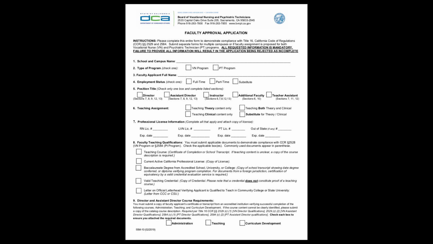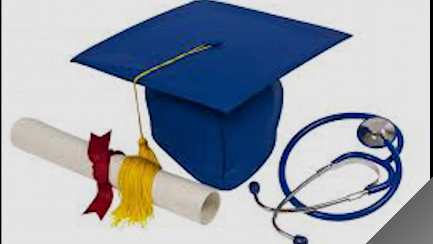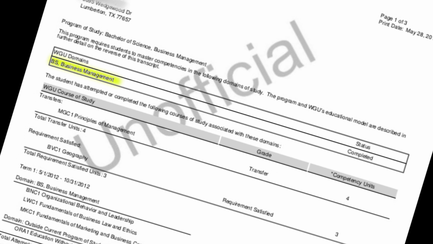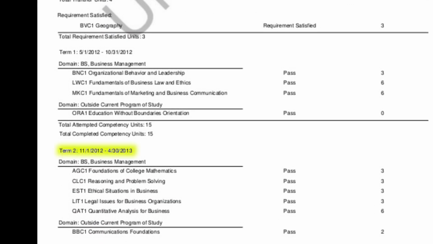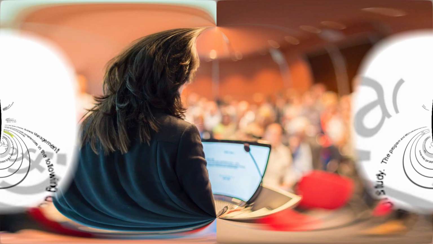Let's talk about what you'll need to send in with a faculty approval application. We'll need to see documentation of a degree from an accredited school. And if you're sending in an unofficial transcript, make certain it states the name of the degree conferred and the date of confirmation. Black out any social security numbers, birth dates, and mailing addresses that appear on that document.